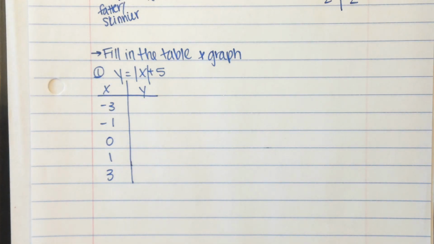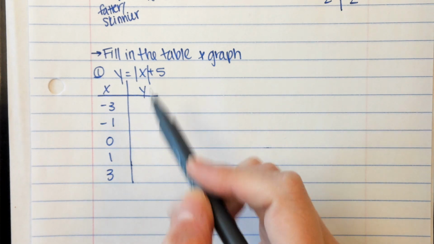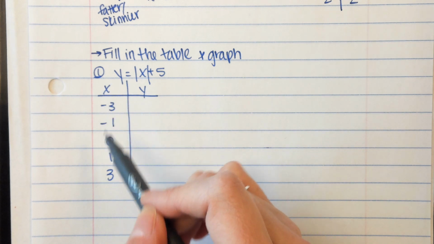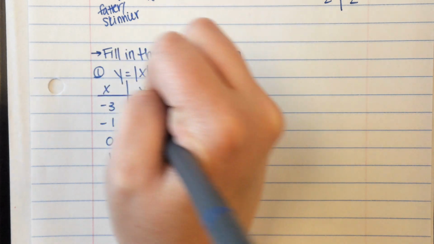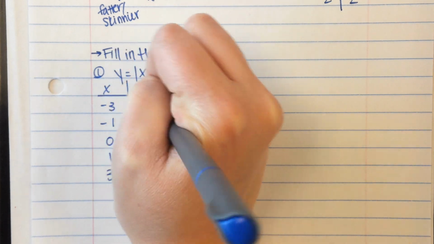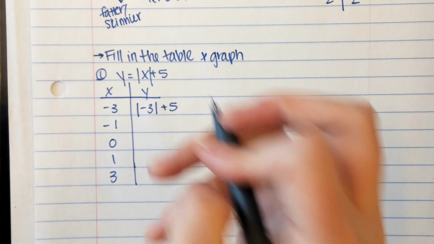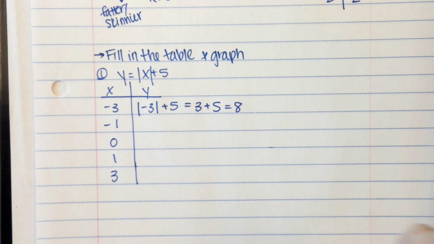Now, we'll actually do the graph in just a second, but I think you have a couple problems that ask you to fill in the table of values. So when you do that, you're just going to plug in your x values for x and simplify. Like for this first one, we would have the absolute value of -3 plus 5. The absolute value of -3 is 3, so that's 3 plus 5 equals 8.